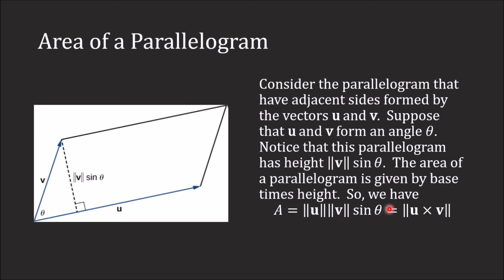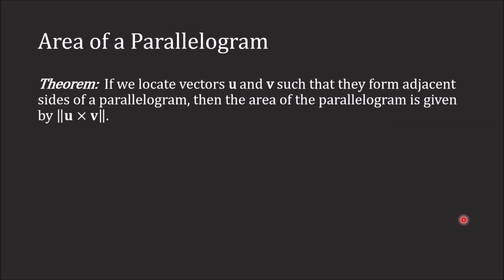But that is the norm of u cross v. So if we locate vectors u and v such that they form adjacent sides of a parallelogram, then the area of the parallelogram is given by the norm of u cross v.